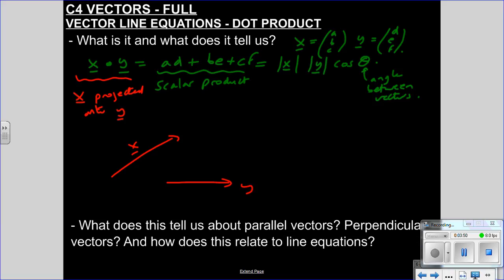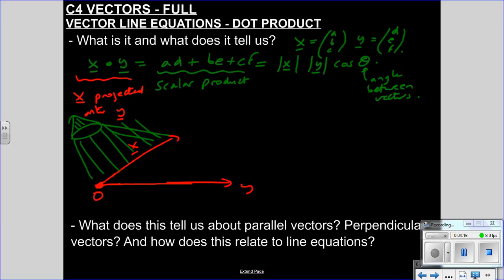If I project x onto y, imagine that there's a light. So just keep it simple, there's an origin there. Imagine this is in 3D space, and I grab a light bulb, a lamp like that, and the rays of light go onto x, okay? Therefore, that vector's shadow is projected onto y. Do you see? It's projected onto y.